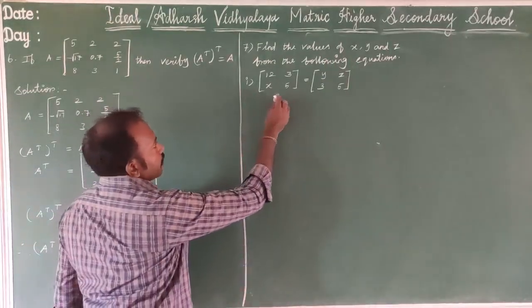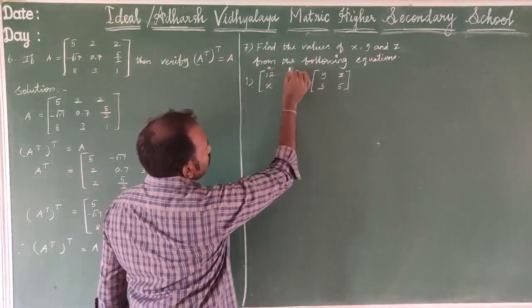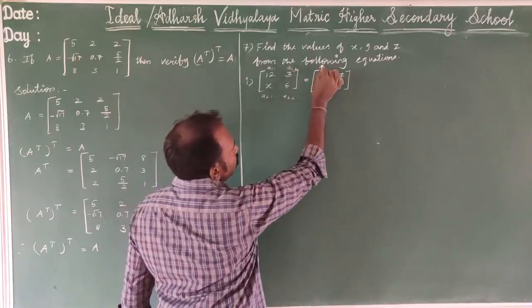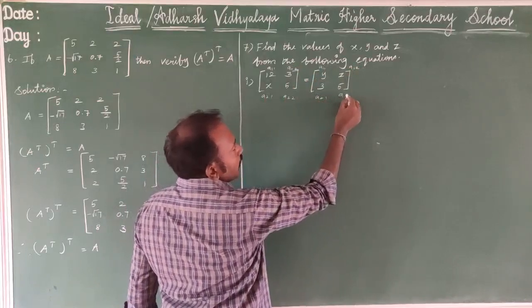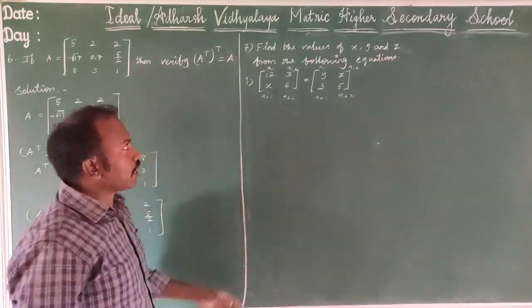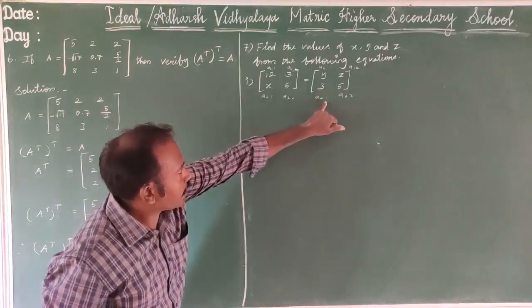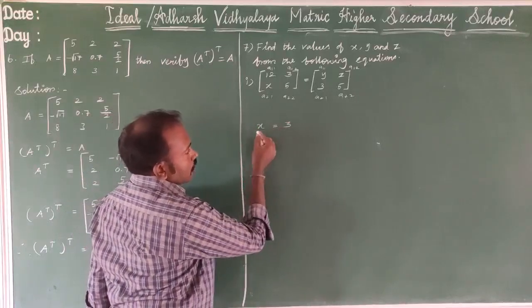That's all. Here x is equal to 3. Here a11, a12, a21, a22 on both sides, so corresponding elements are equal. So a21 is equal to a21, so x is equal to 3.